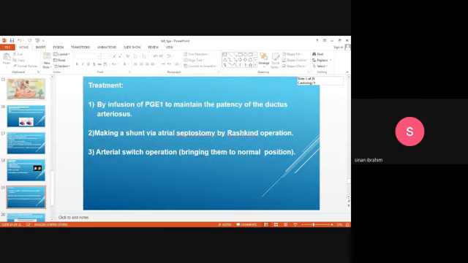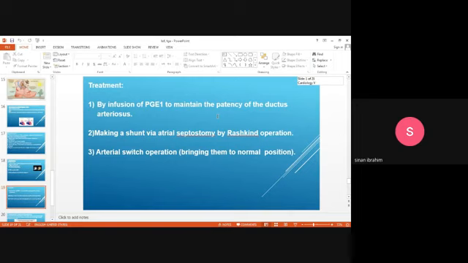About the treatment? We should infuse prostaglandin. If you have a strong suspicion of a patient with cyanotic congenital heart disease, you should keep the patient on prostaglandin until you have the definitive diagnosis by echocardiography. Usually the echo is not available 24 hours inside the hospital, so you should arrange an appointment for it.